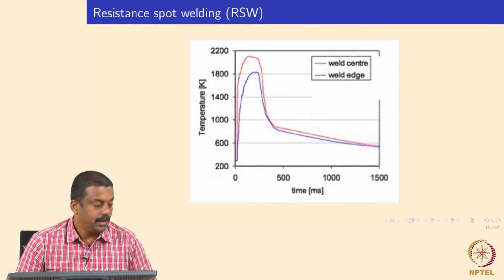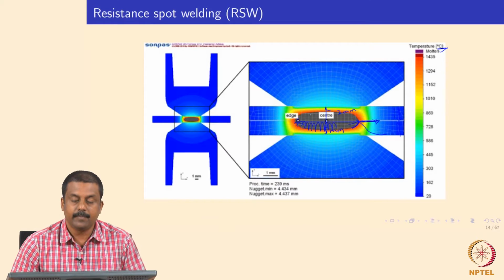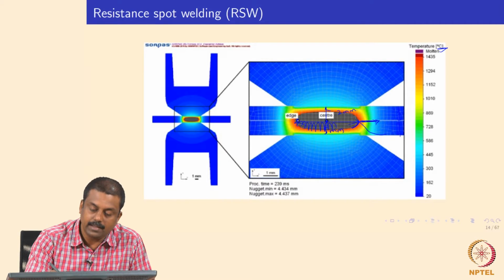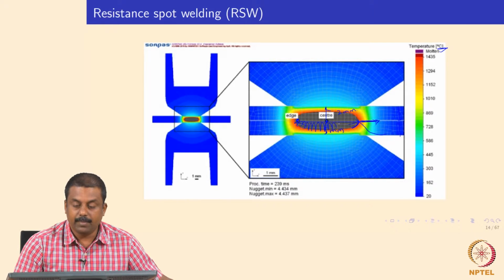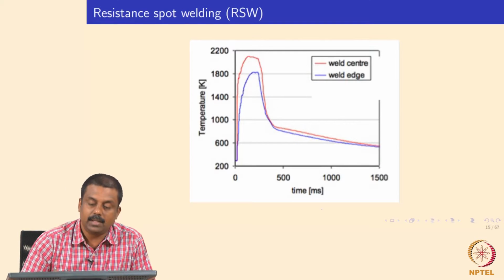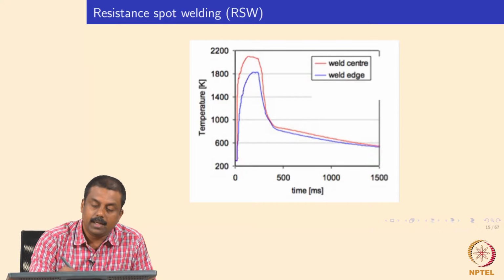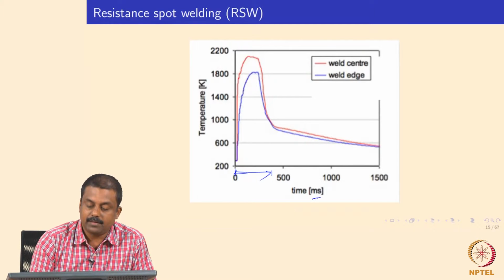If you look at the actual thermal cycle extracted from the previous diagram, say for example at the center and the edge of the weld nugget, a typical weld thermal cycle looks like this: the weld center, and the weld edge, which is at the fusion boundary. The cycle lasts not more than 500 milliseconds.